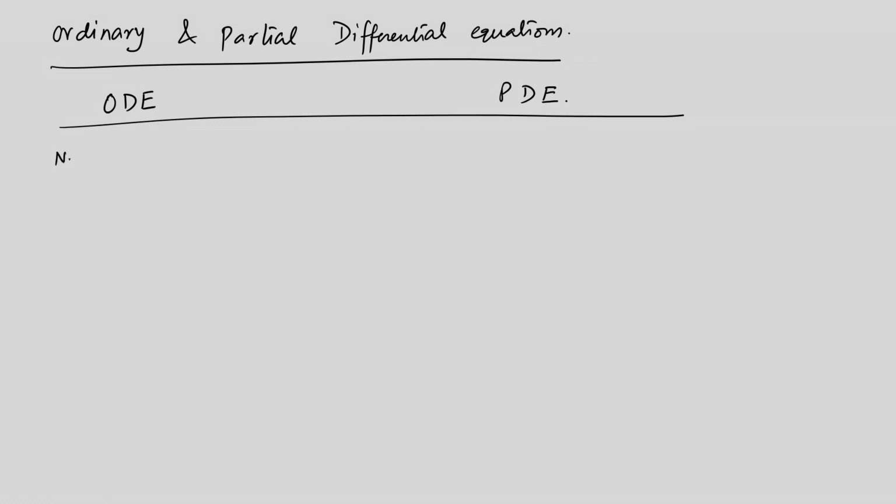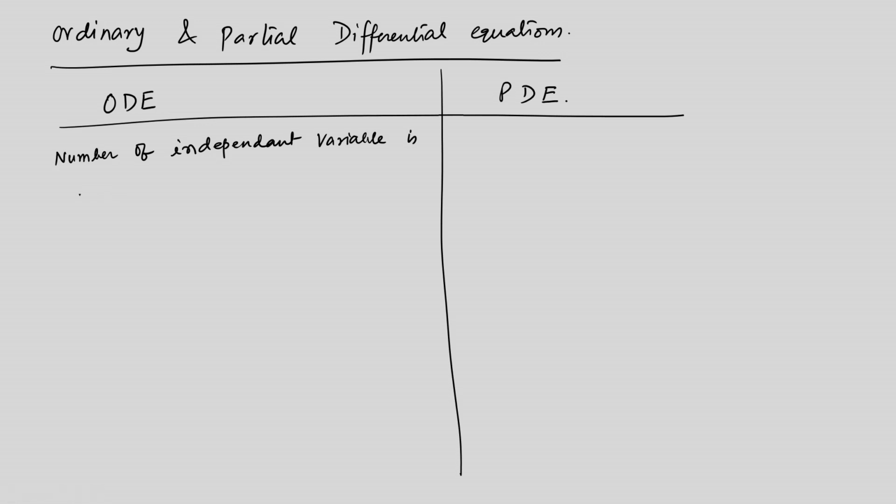Here of course, the number of independent variables is 1.